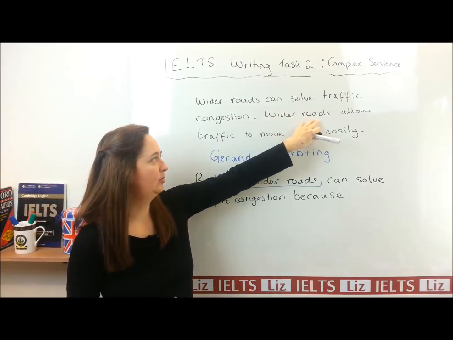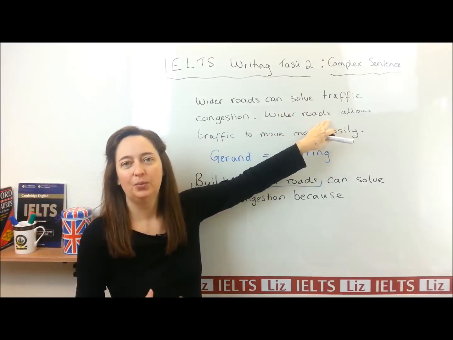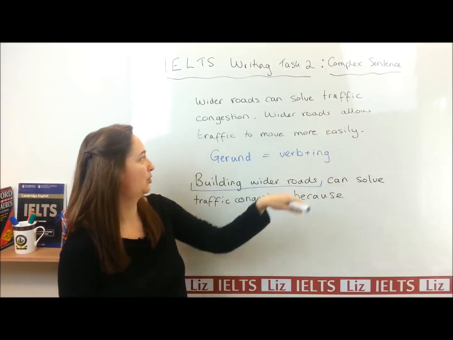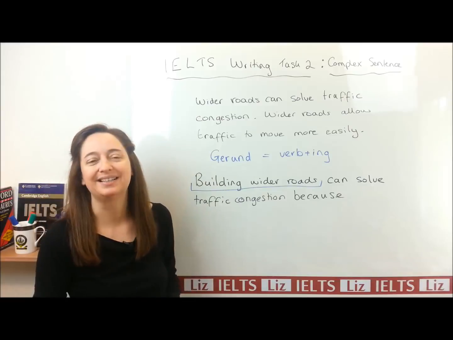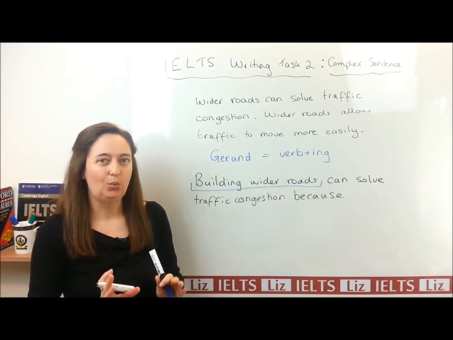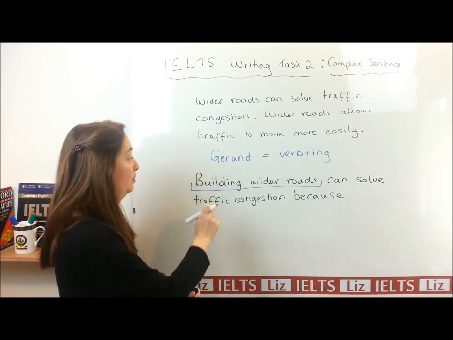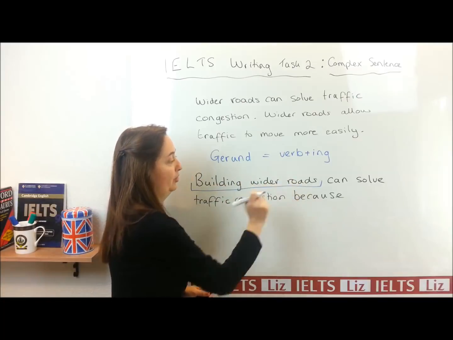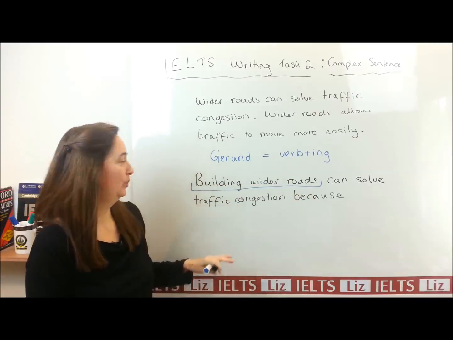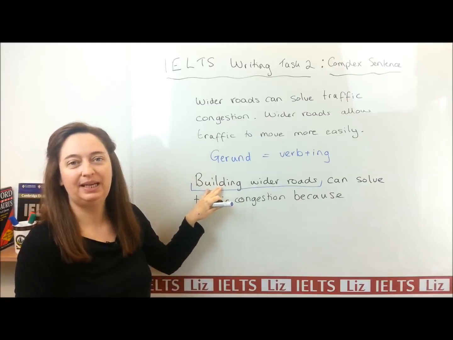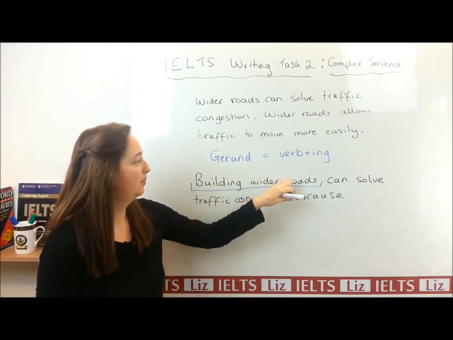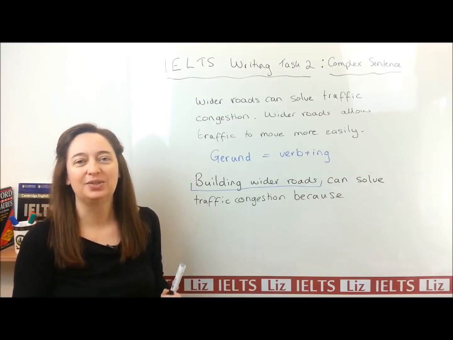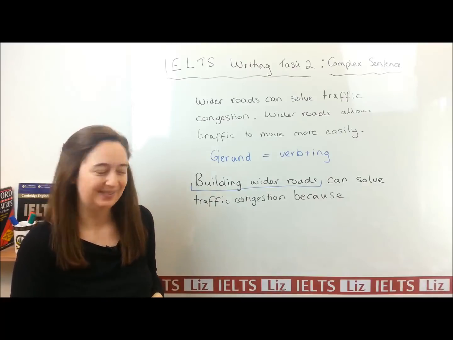Normally, wider roads, that's a plural, we would use they, because they allow traffic to move more easily. But we have changed that subject. Do you remember? Here, we've put building wider roads. And when we use a gerund at the beginning, this becomes singular. That means we don't use they, we use it.